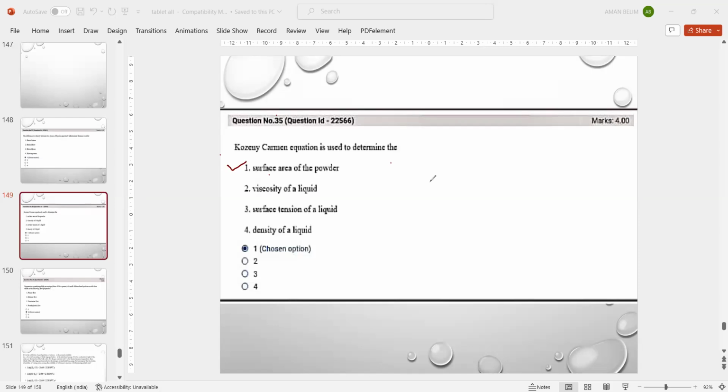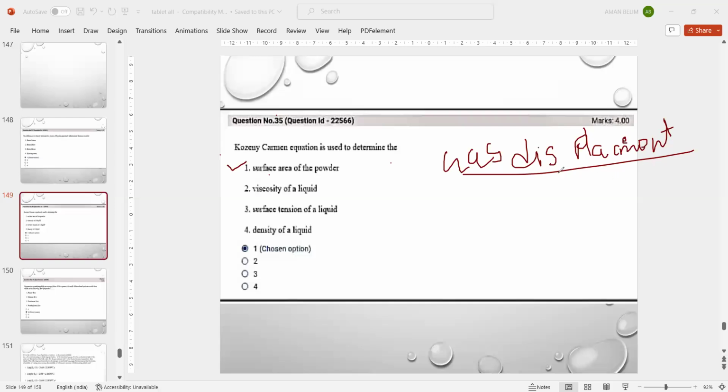No, no. True density will not be determined by the mercury displacement method. True density will be determined by the gas displacement method. And the gas we use is nitrogen or helium gas.